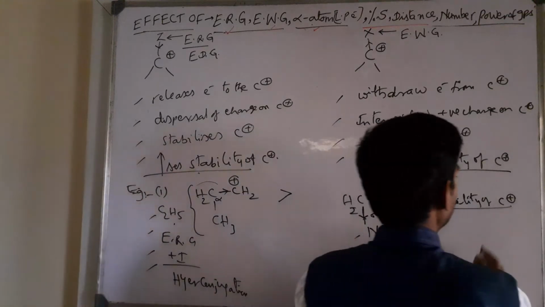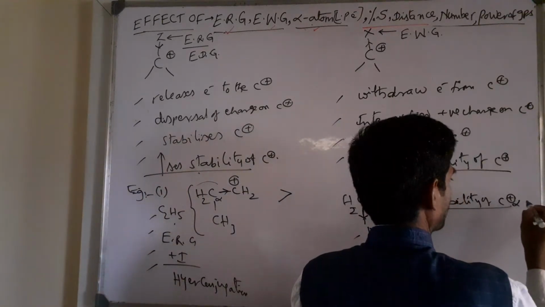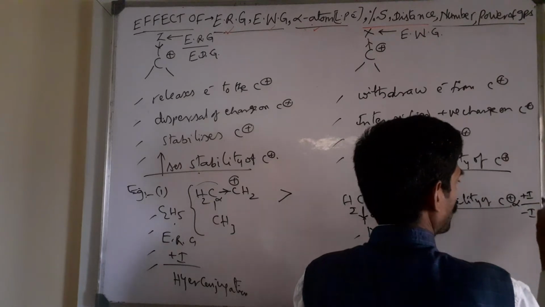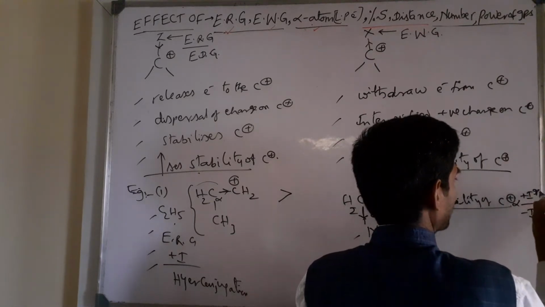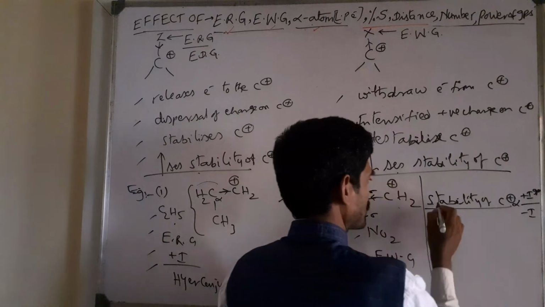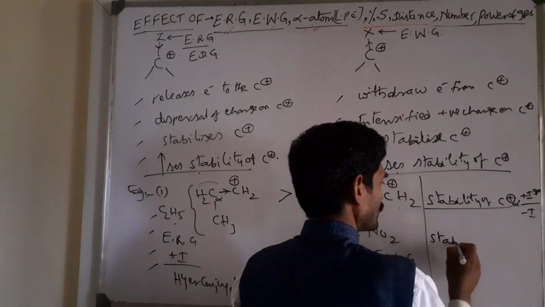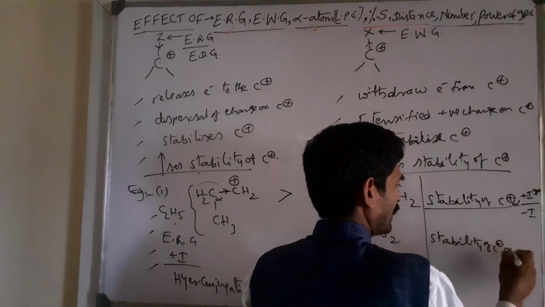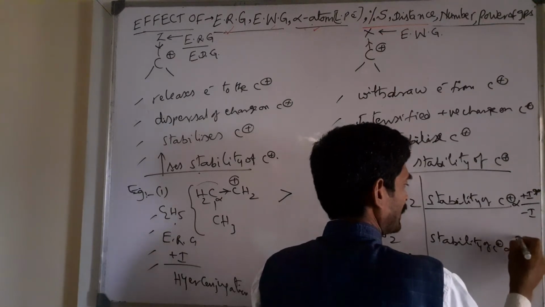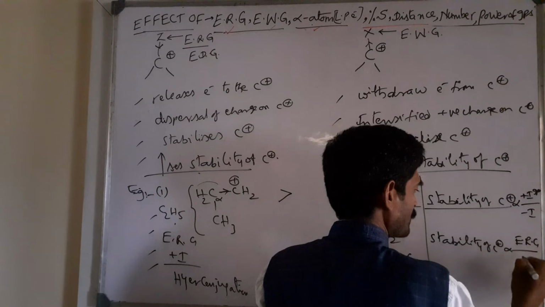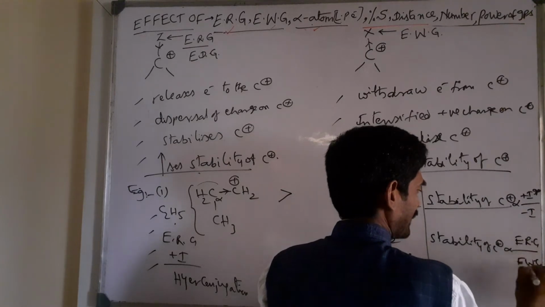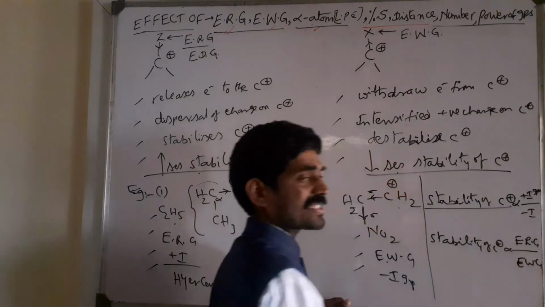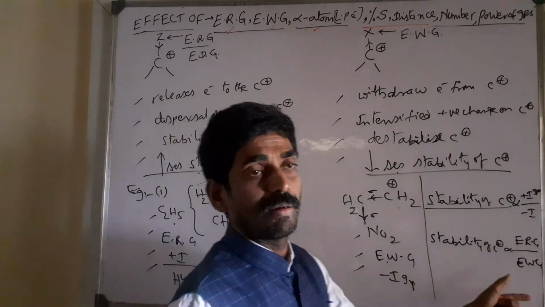So the stability of a carbocation is directly proportional to electron releasing groups, which are plus I groups, and inversely proportional to electron withdrawing groups, which are minus I groups.